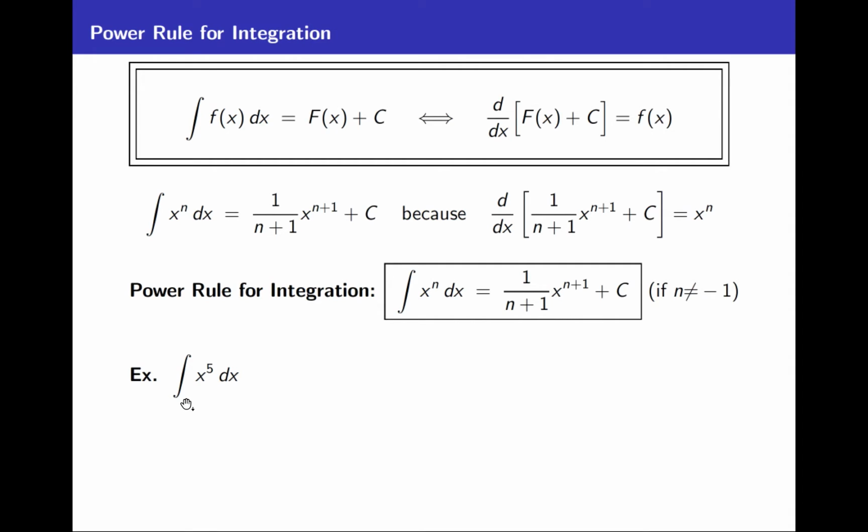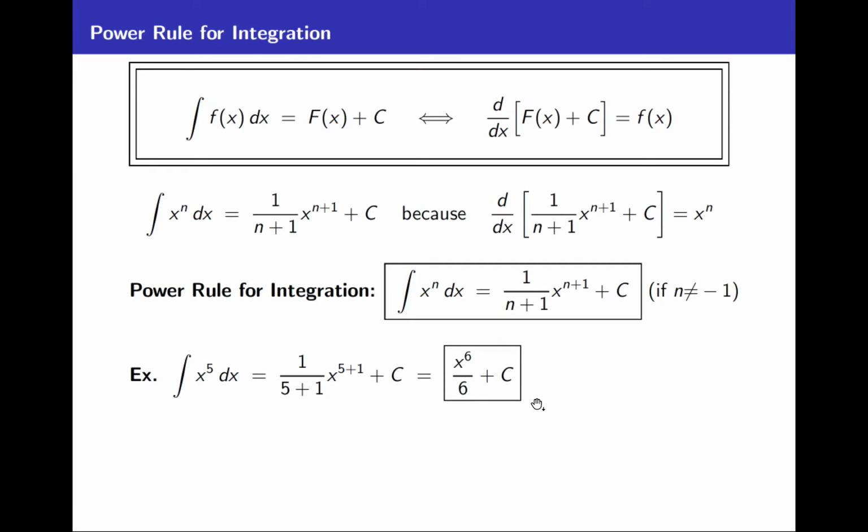So, for instance, let's try the integral of x to the 5th dx. According to the power rule for integration, the answer would be 1 over 5 plus 1 times x to the power of 5 plus 1 plus c, and that's x to the 6th over 6.